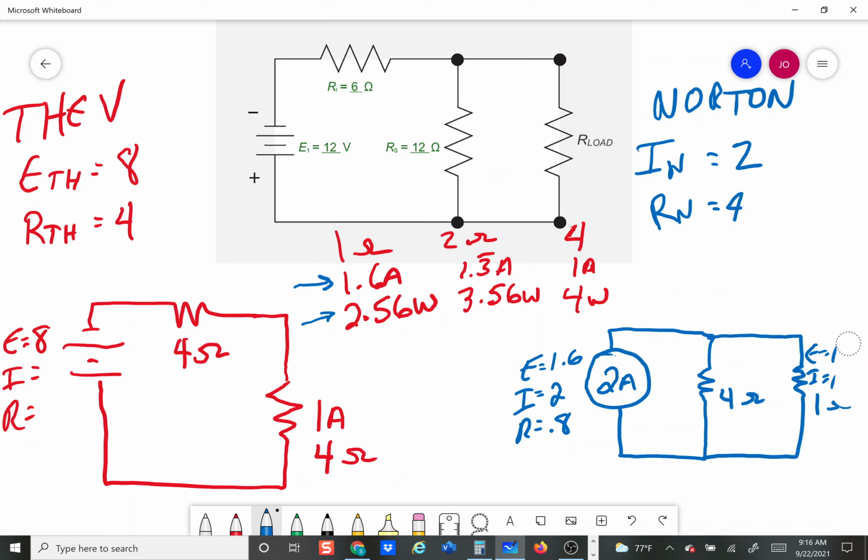So now the kicker with this one is we actually have to change. Our voltage drop is not going to be the same anymore, and our total resistance is not going to be the same anymore. So we're going to now change that to a 2 ohm resistor.